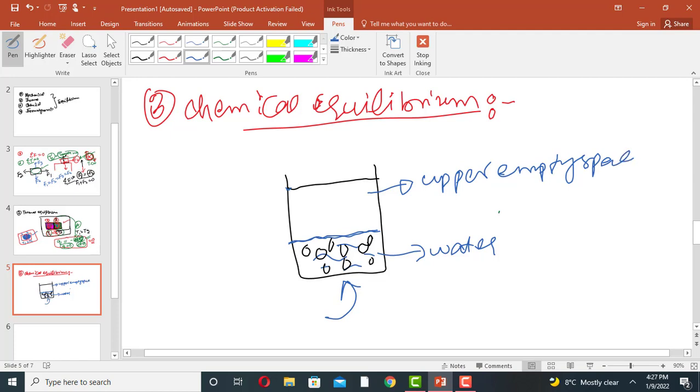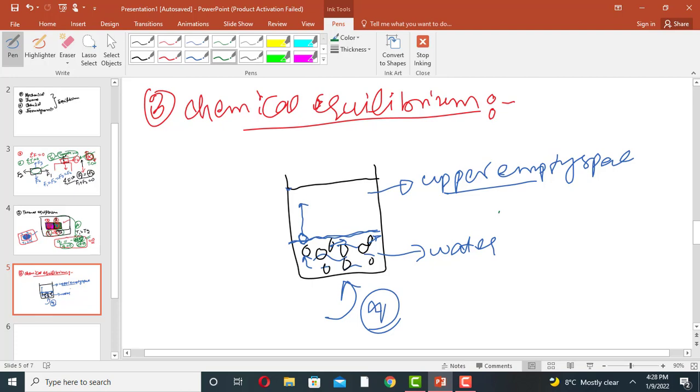So when we give some heat to this system, the temperature of the water molecules in the liquid will increase, so the motion of the water molecules in the liquid will increase. After a certain time, the water will come to the surface and it will escape from the liquid water to the open space, the upper empty space.